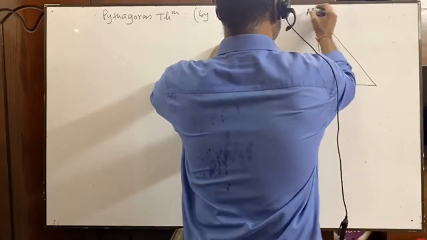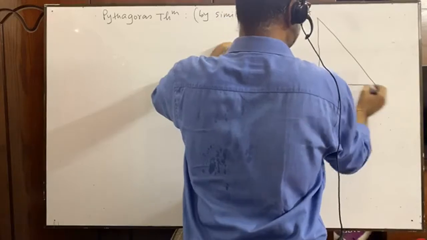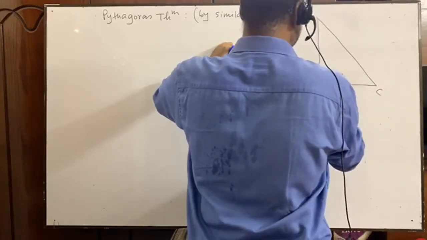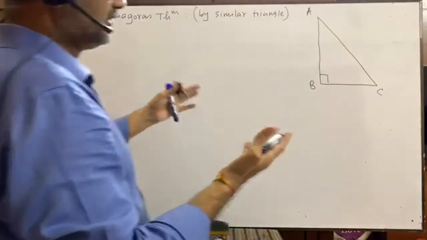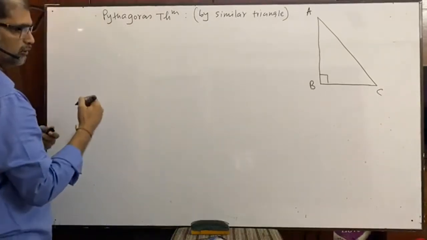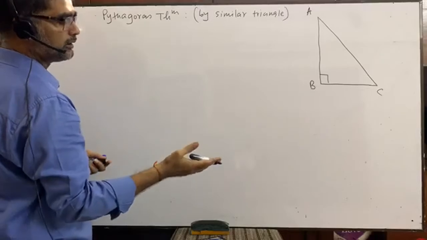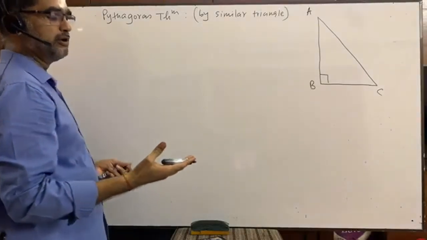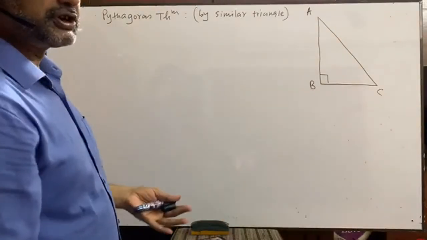Its name is ABC, where it is right angle. Very easy and simple. Let ABC, you write down the particular enunciation below the figure. The particular enunciation, or so-called proposition, is to be written.